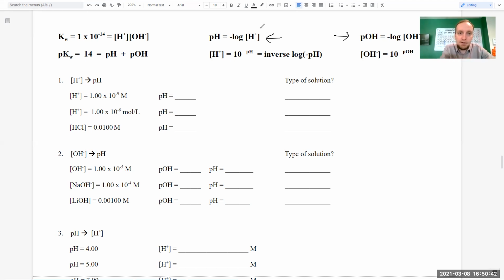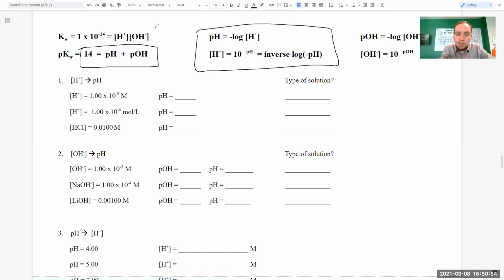What we also have here is, again, what I showed you earlier, which is the pOH and the pH always add up to be 14. Then these 2 are basically the opposite. On the top one, if we have the H plus concentration, we do the negative log of that H plus concentration to equal the pH.